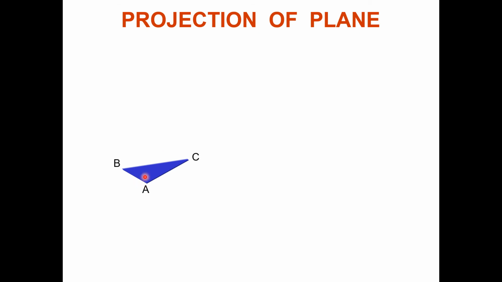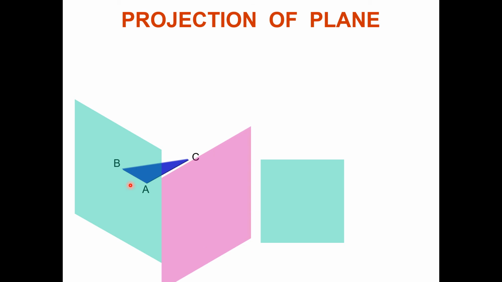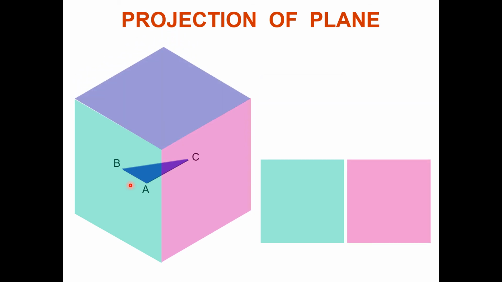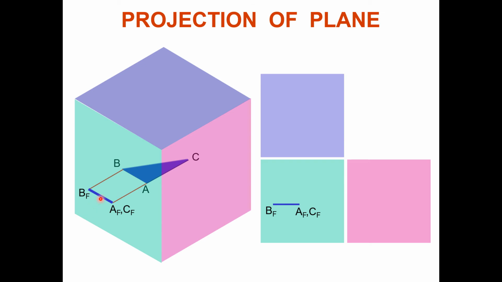Now see this triangle object. Again, place it in the glass box concept. When you see from the front side, it is just like a plate, so you will see a line. When you see from the right side, again you will see only a line.